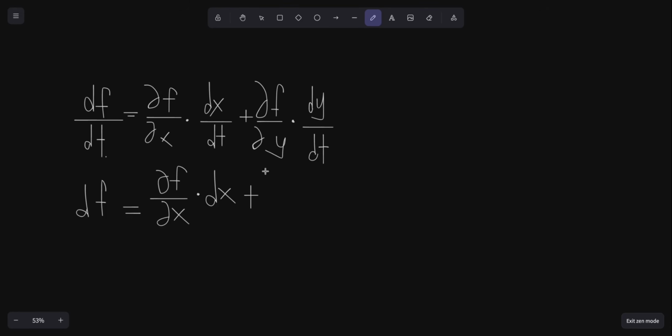And this is going to be added to how this function changes in the y direction multiplied by that tiny change in y. So when you're dealing with differentials in 3 dimensions, I'm going to be repeating the same idea over and over again: you're going to be dealing with more components. A tiny change in f is going to be caused by a tiny change in x and a tiny change in y as well, multiplied by how far you actually move in that direction.